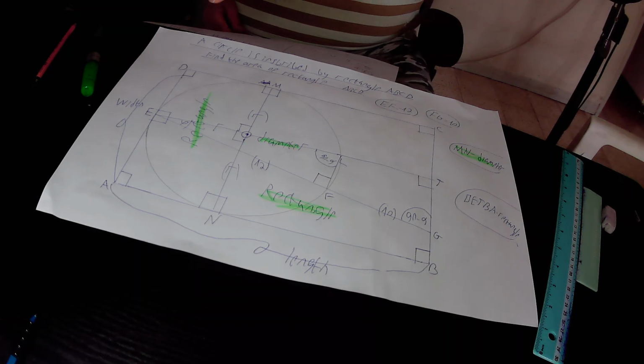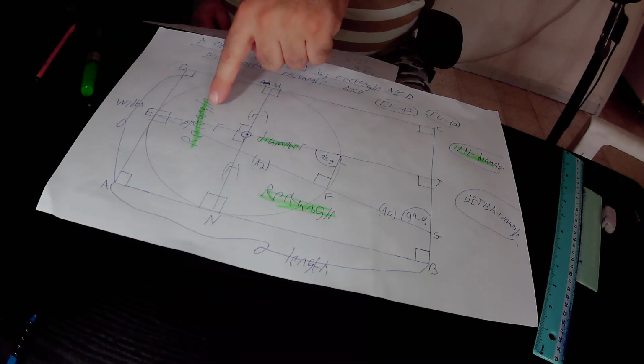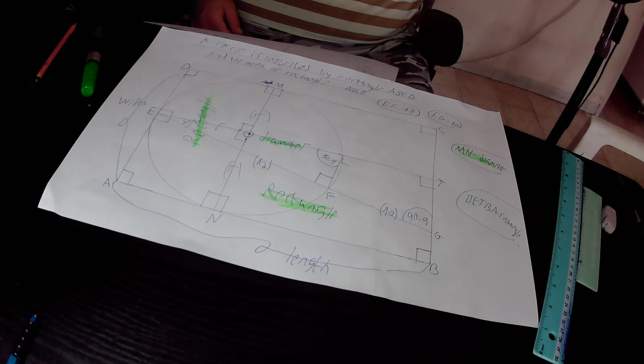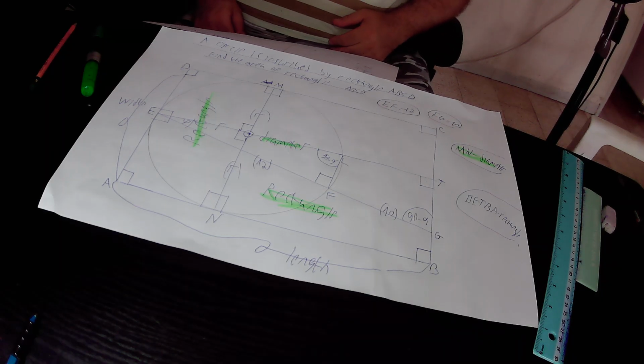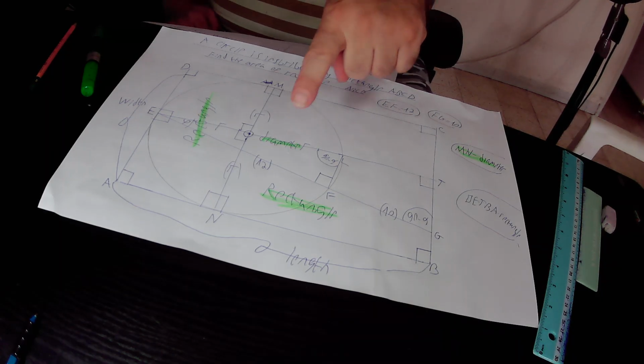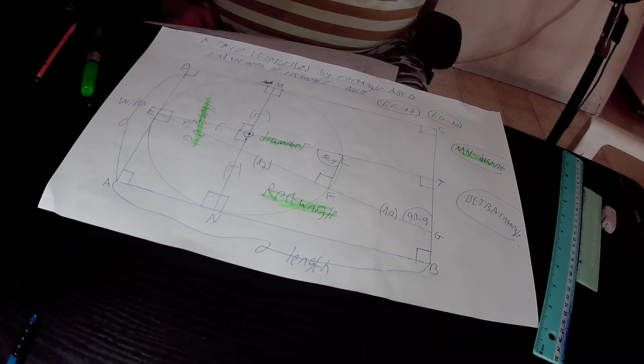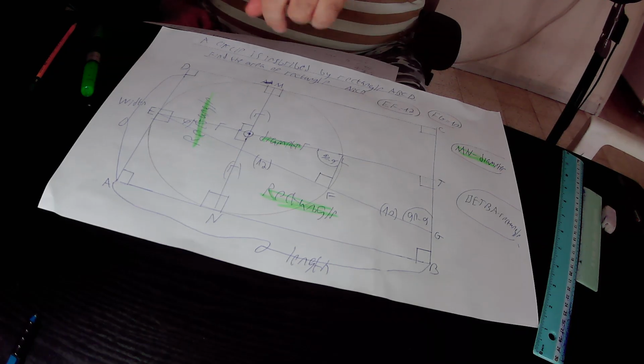So the big quadrilateral DMNA is a rectangle because it has 4 right angles. But we also know that the opposite sides of a rectangle are equal to each other. So in the big rectangle DMNA, side MN must be equal to the opposite side DA. So MN equals DA.